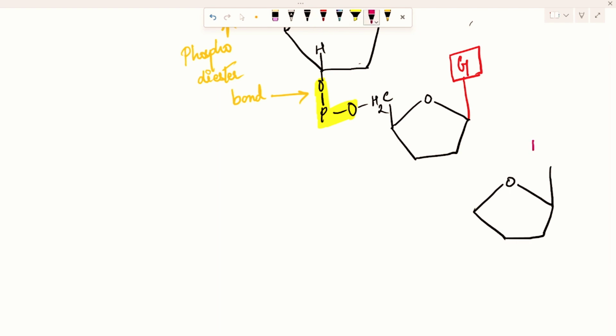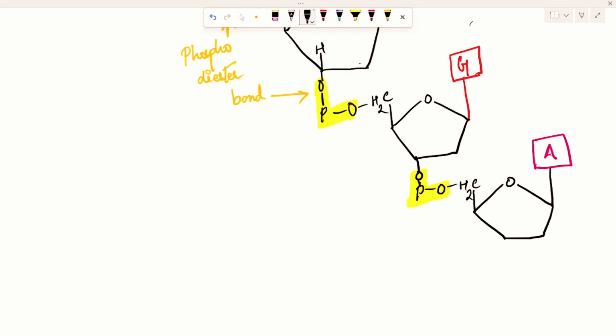Let this be another A, with CH2O and over here another O. Another phosphodiester bond is formed over here, and that's about it.